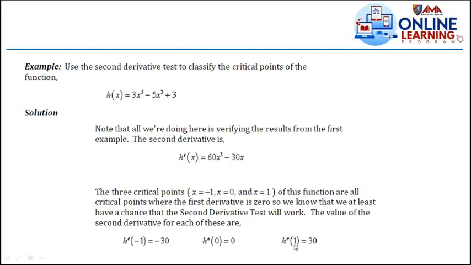If h double prime at x equals 1, the answer is 30. Okay? So these are the critical points, this is your x, and this is the value of our y: negative 30, 0, and positive 30.